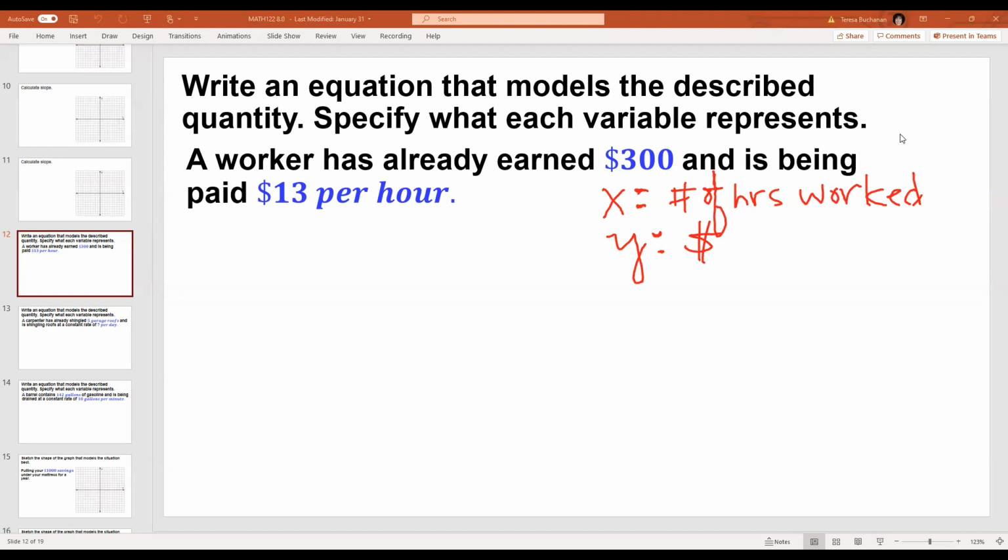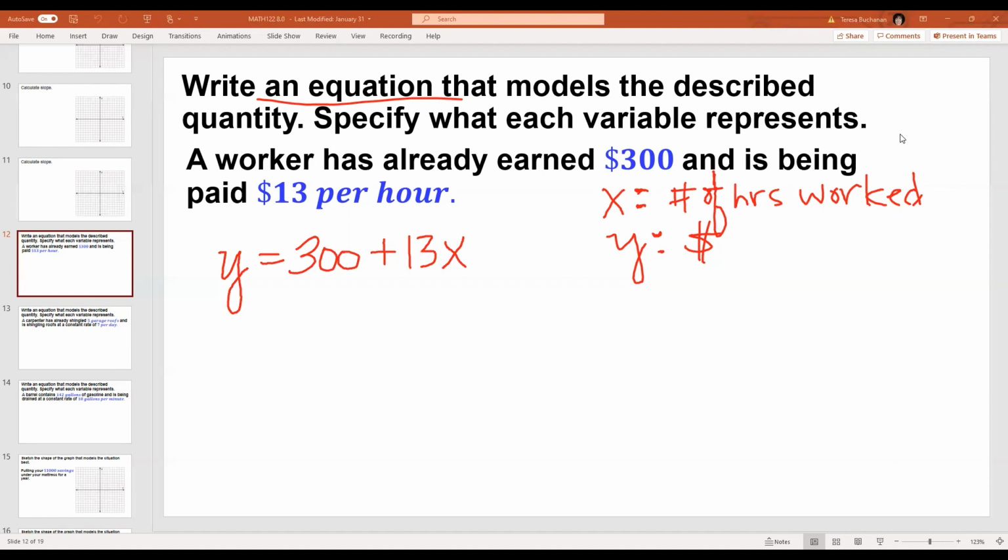So what could I do if I wanted to write an equation that shows this situation? Wouldn't I have to say that his total money, which I've said is going to be Y, is going to be the $300 he's already made plus his $13 per hour times some number of hours that we don't know yet.